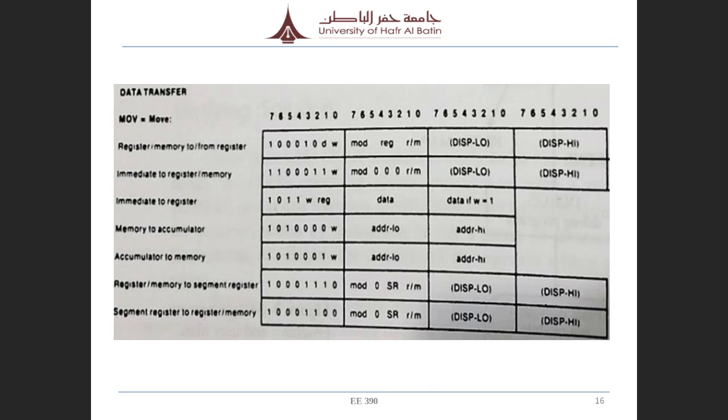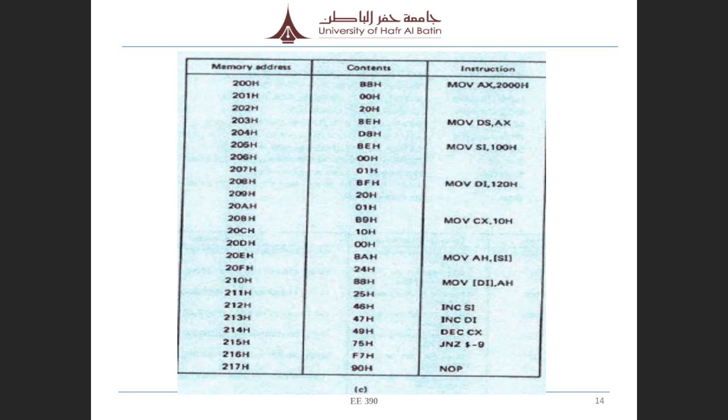Now let us go to the next instruction. Look at the memory. For the first instruction, move ax comma 200h, what was the machine code? The machine code was B80020.